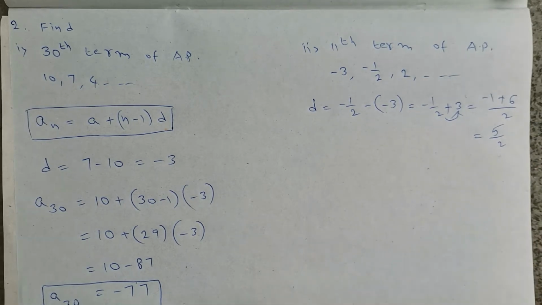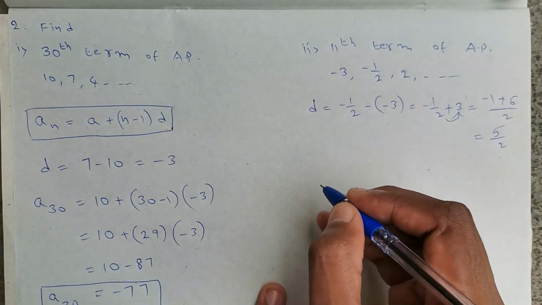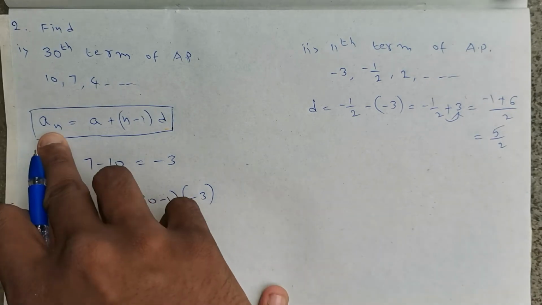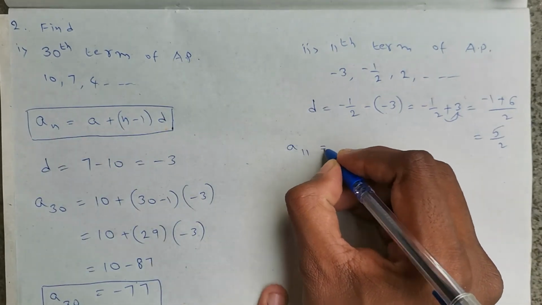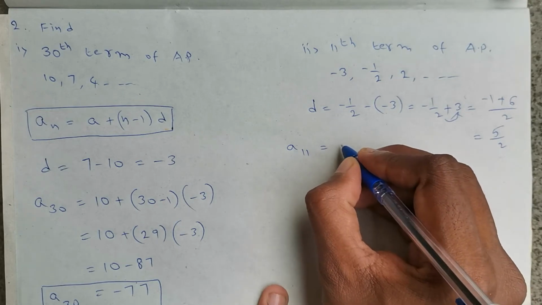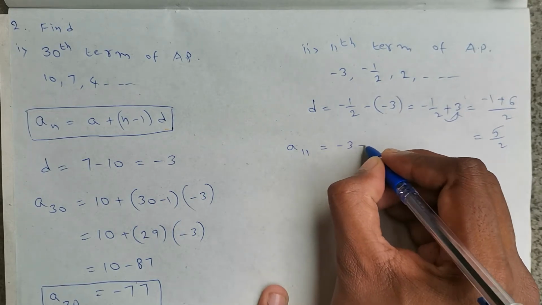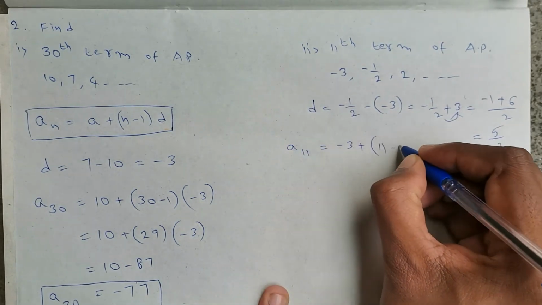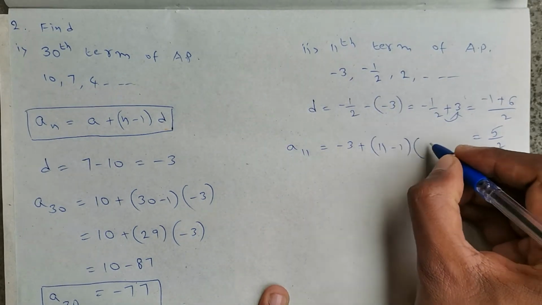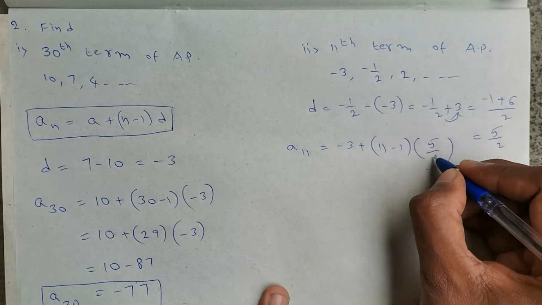Now let us substitute in the formula. Here n is nothing but 11, the 11th term. So a11 is equal to the a value minus 3 plus n minus 1, n is 11, minus 1, into the common difference 5 by 2.